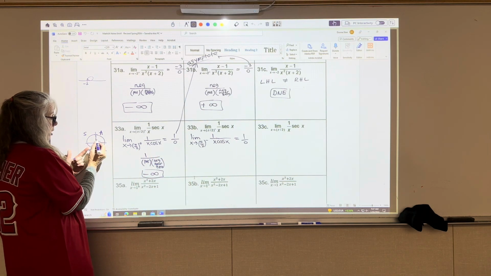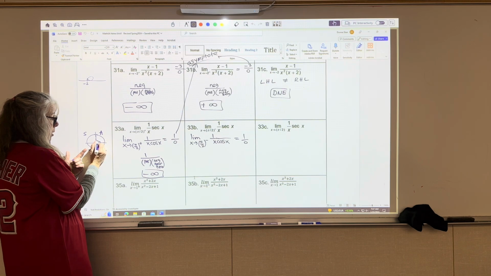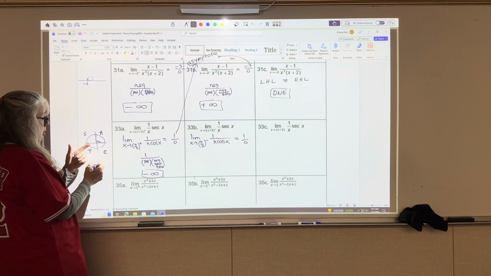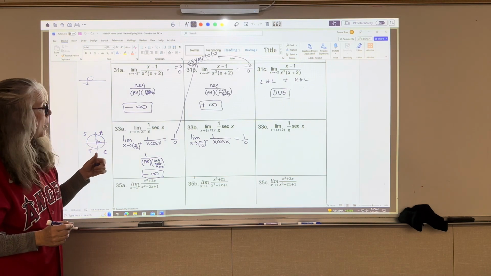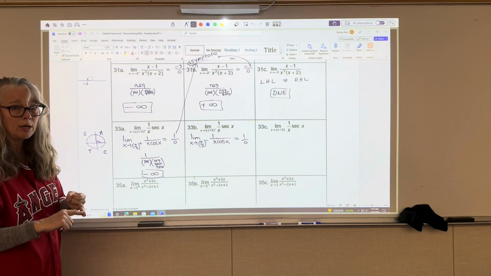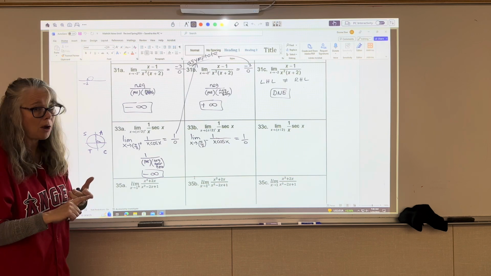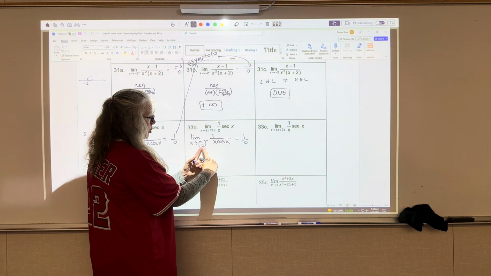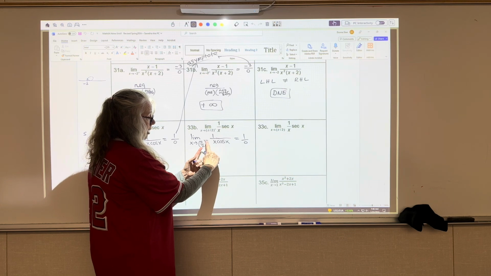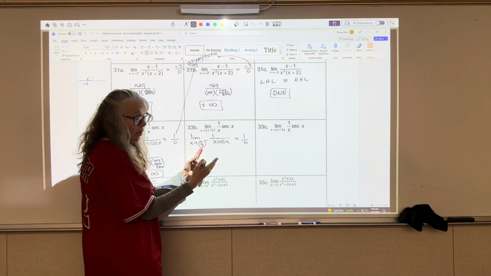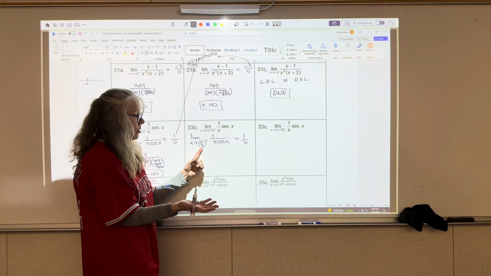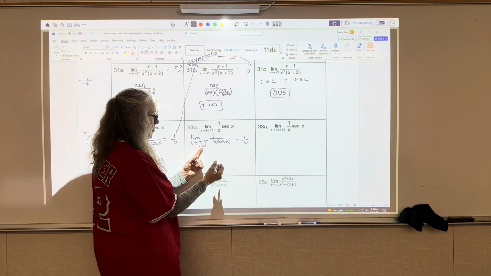So my angle here is a little bit less than pi over 2, which puts me in the first quadrant. And all of the values are positive. Sine is positive, cosine is positive, and tangent is positive in the first quadrant. So as I'm approaching a little bit smaller than pi over 2, x is a positive value, right? 3.14 divided by 2 is 1.57, whatever it is.